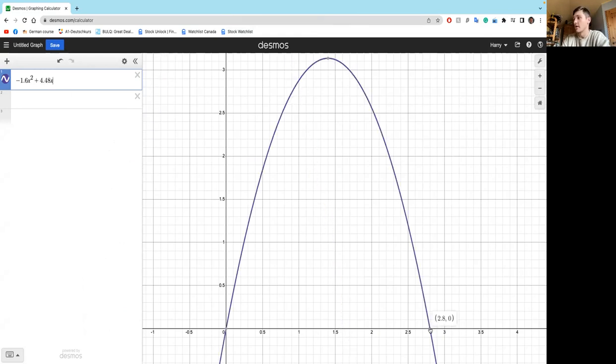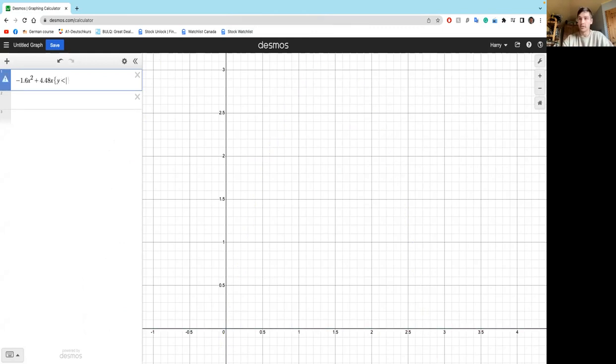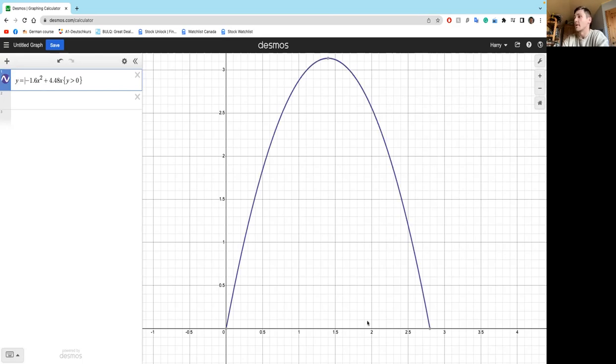Now we're not concerned about it going below the x-axis. In fact, we can get rid of that. We'll go for y is more than 0, and then put y equals here. Yeah, there we go. All right, cool.